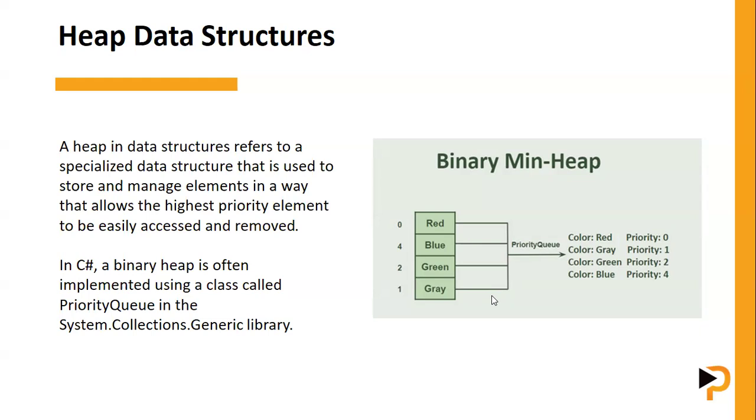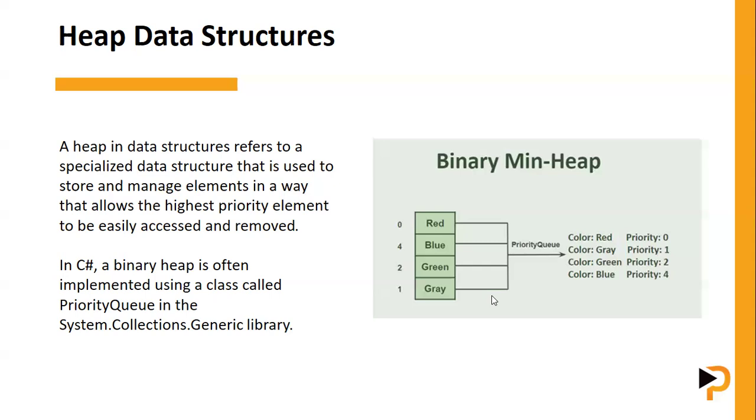In C#, a binary heap is often implemented using the class called PriorityQueue, which is available in the System.Collections.Generic library.